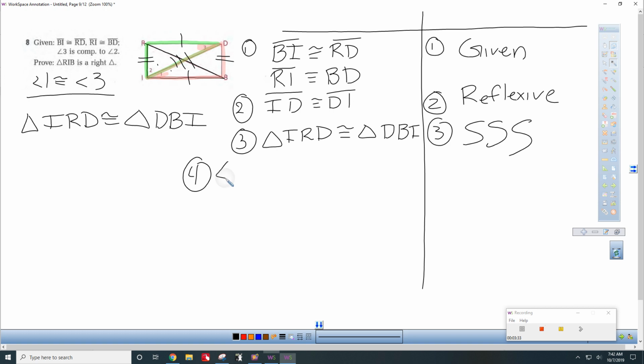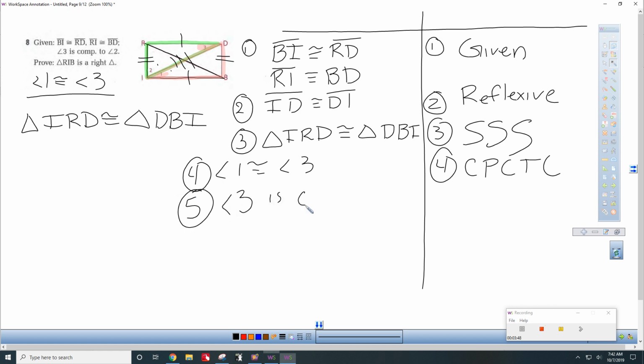Now I'll say that angle 1 is congruent to angle 3 by CPCTC. Now I'll say that angle 3 is complementary to angle 2, and you're right, I should have done that earlier, and that's given.